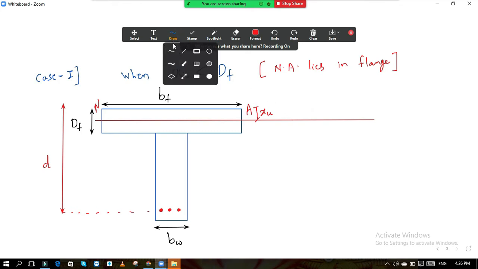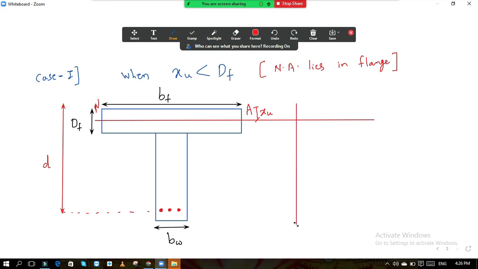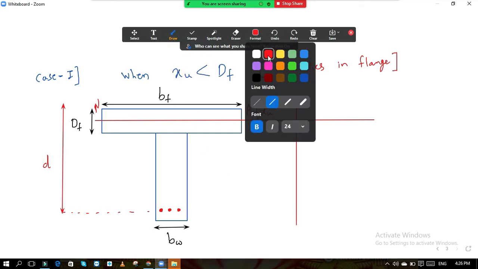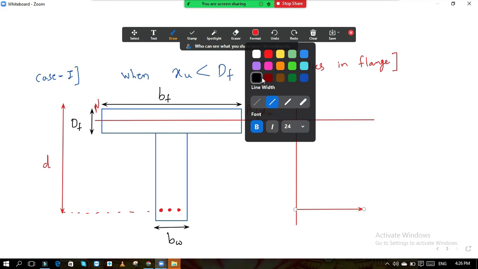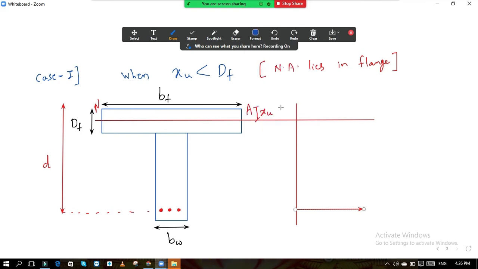Okay, if I draw its stress diagram, stress curve, then it will be like this. Then your tensile force will be at this level. At the level of steel, your TU is there. Okay, and your CU will be. So if you draw the diagram first, complete the diagram first.